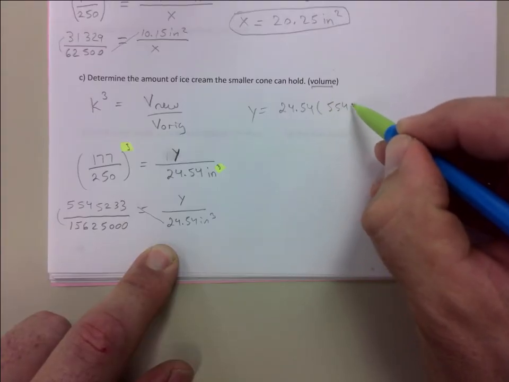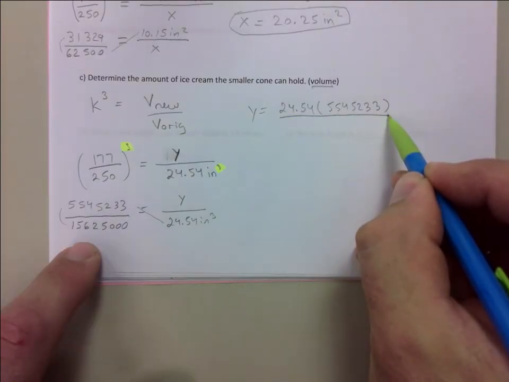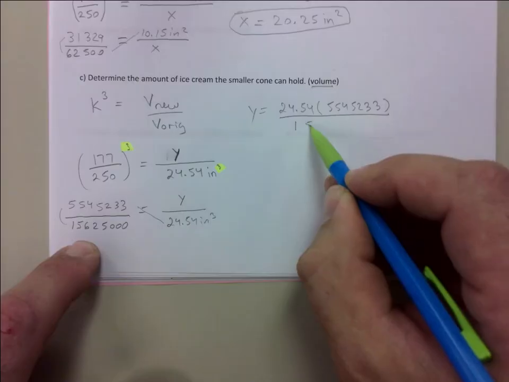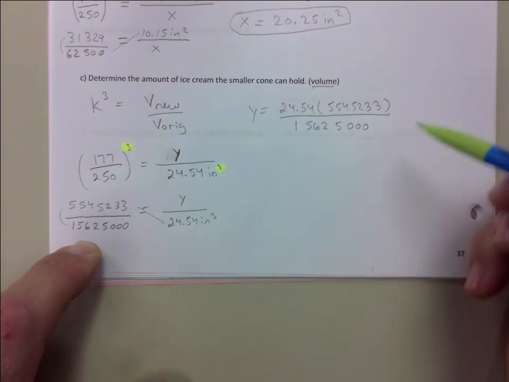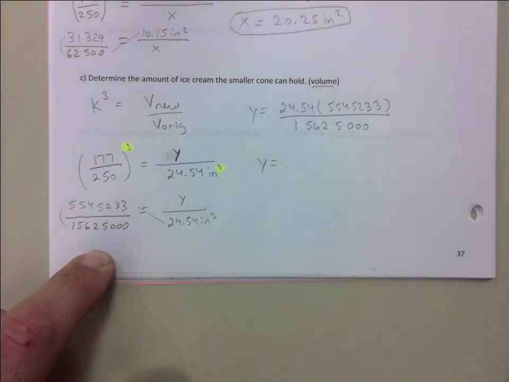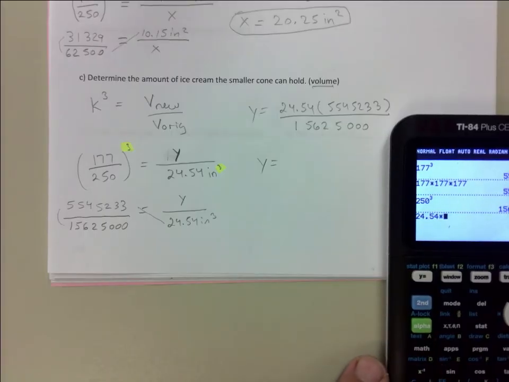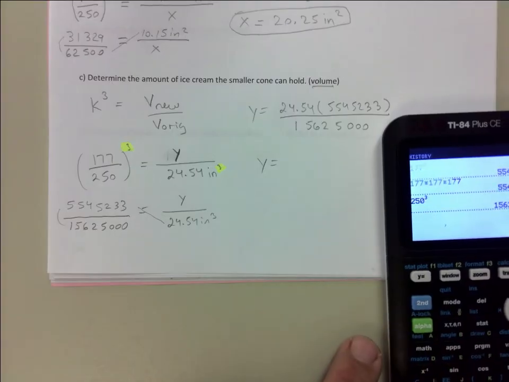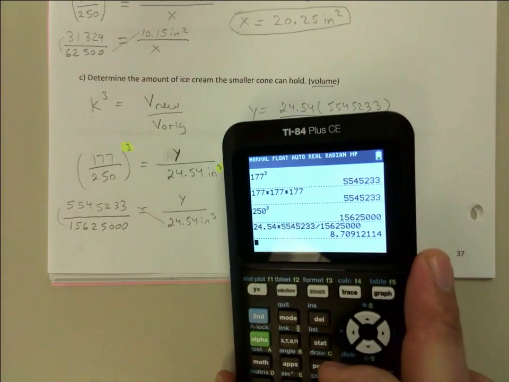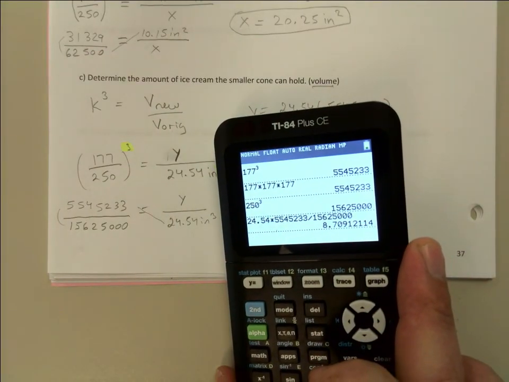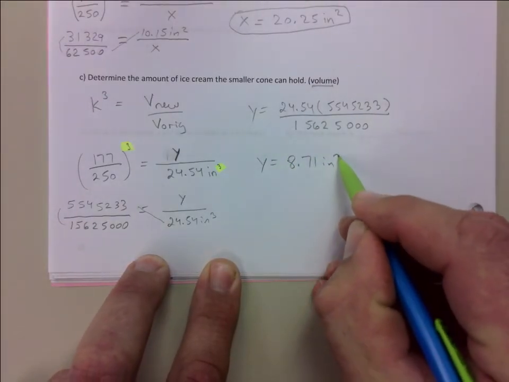Five, 5233 divided by that big number there. That's my bank account balance. Okay, 24.54 times, divided by, so I get 8.71 cubic inches.